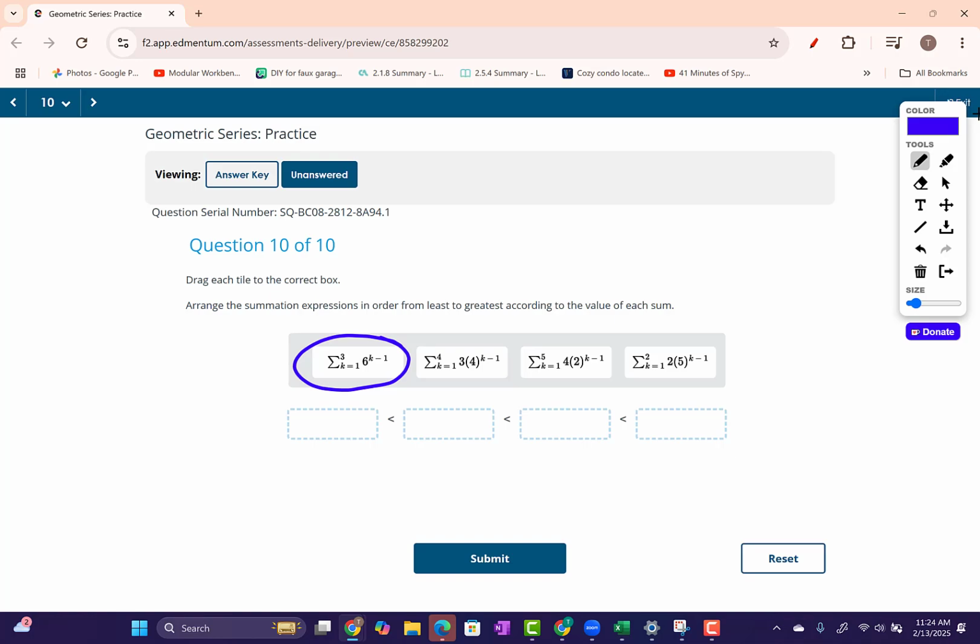So recall that this means we're finding the sum of the first, second, and third term. K equals 1 is where we start. So we're going to take 6 and raise it to the first power minus 1, then 6 raised to the second power minus 1, and then finally we're going to add 6 raised to the 3 minus 1.